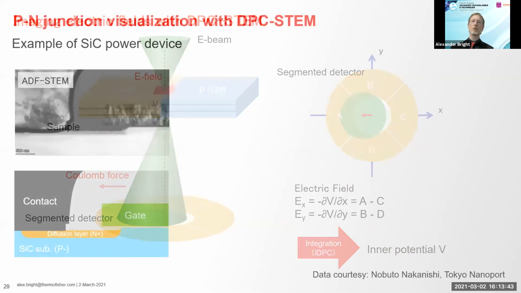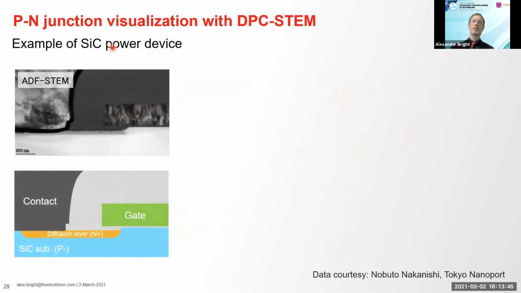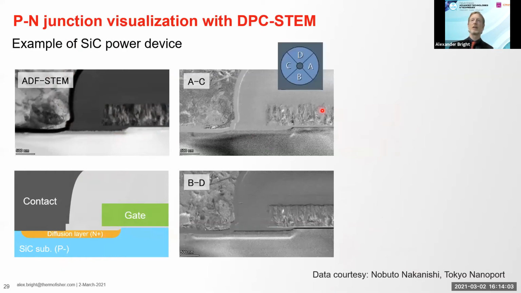So here's an example of visualizing a PN junction of a silicon carbide power device. So this is the structure. There's an N+ diffusion layer, so a PN junction, but in a normal dark field STEM image, you cannot see it. But by using DPC, we can see the PN junction here, you can see the white line. This is the PN junction, which is visible in the DPC.